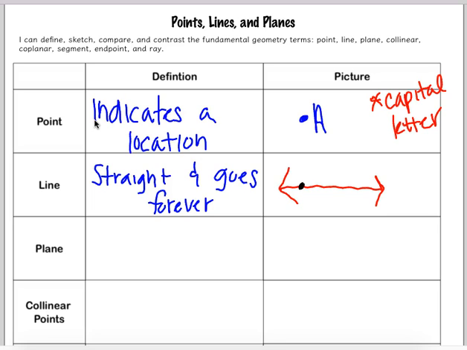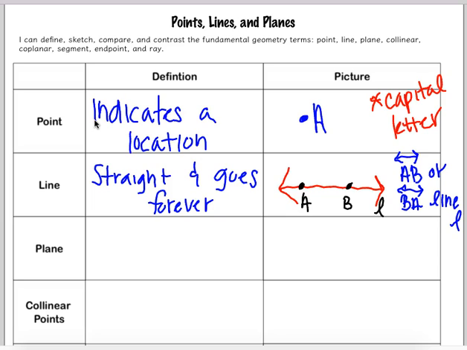There will be points on your line, you need two. Or sometimes there's a little cursive letter, like an L. So how you would name that would be with two letters, A, B, with a line on top, or B, A, or you could say line L. So if there's a cursive letter next to it, you could use that, line L.